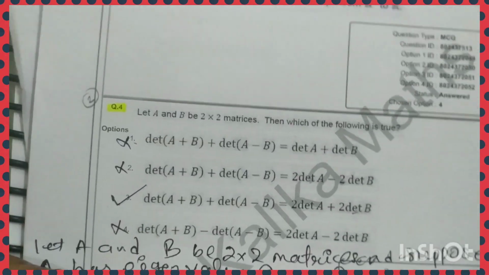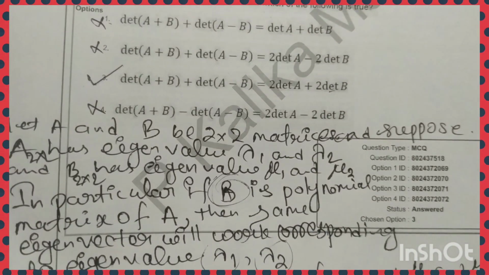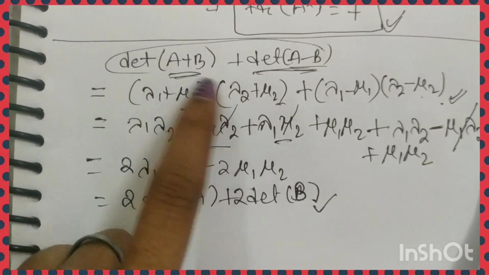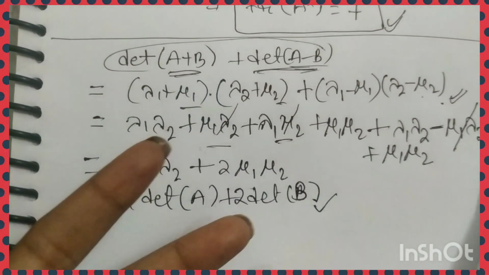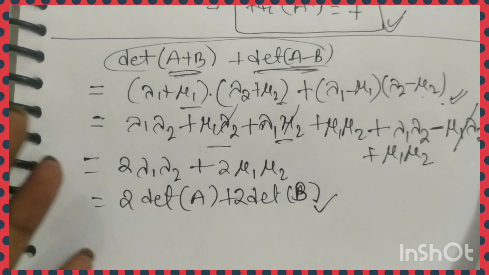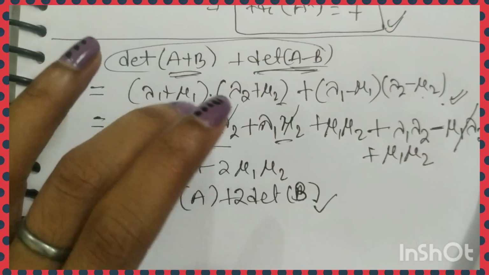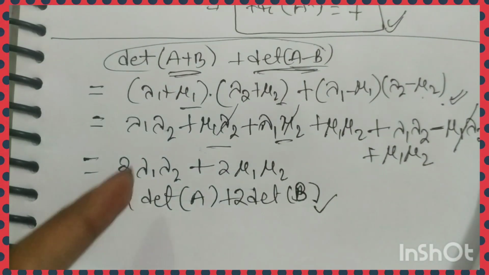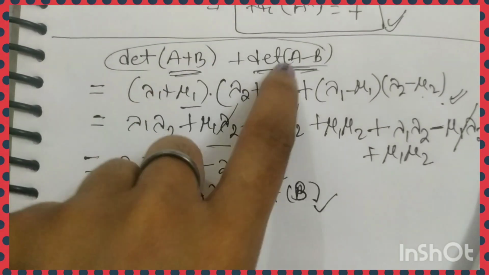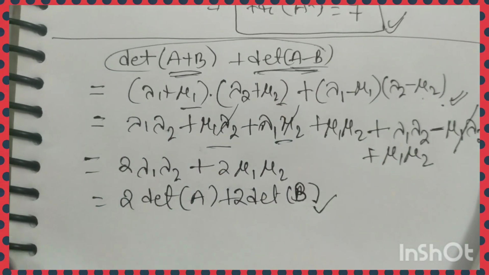And also if you want to do it quickly, you can skip this lengthy process. You can just assume lambda 1 lambda 2 are eigenvalues of A, and μ1 μ2 are eigenvalues of B. In particular, if B is a polynomial of matrix A, then the same eigenvectors will work, and in that case we can say something about the eigenvalues of A plus B and A minus B, and then go with this.